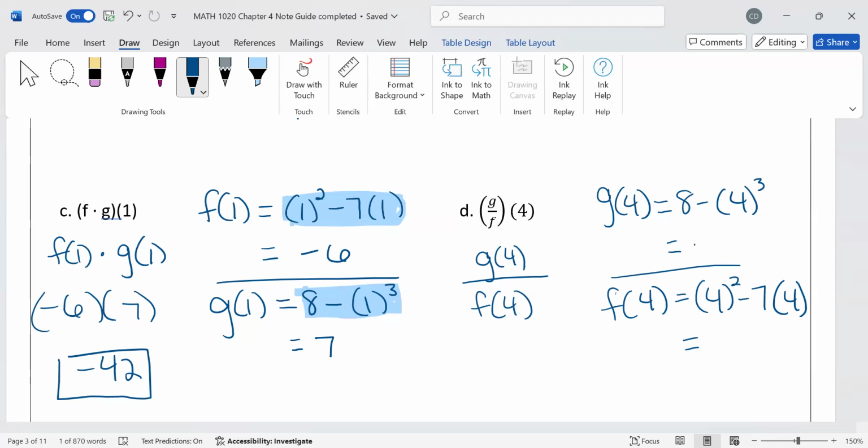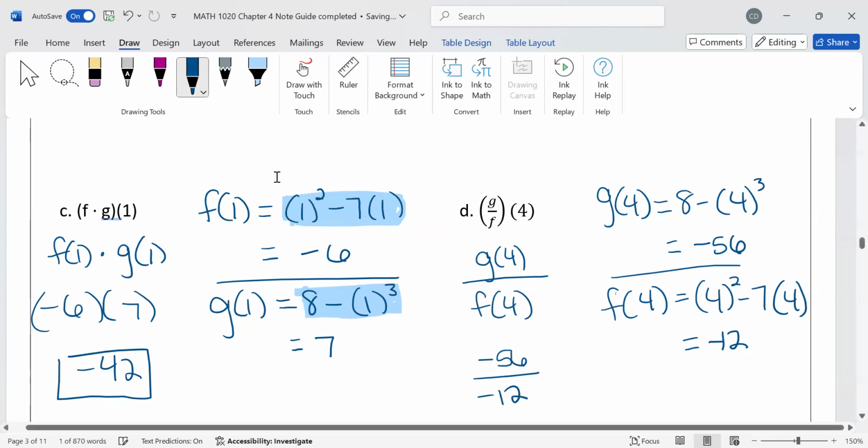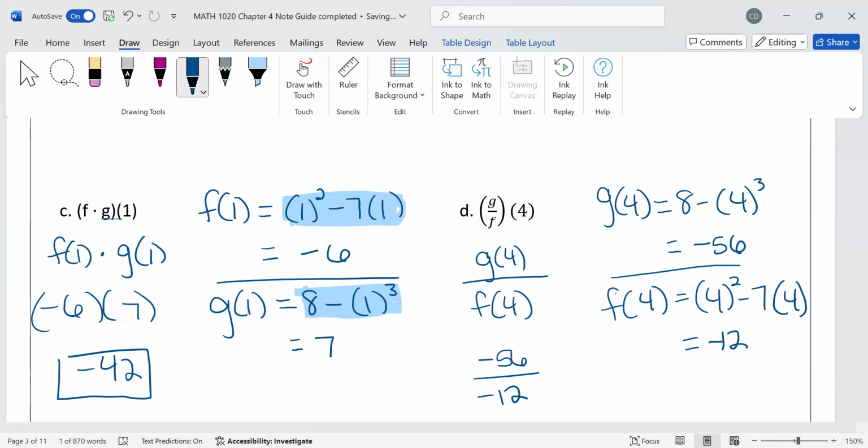So one is negative 56. This one, negative 12. All right, so g of 4, which is negative 56, over f of 4, which is negative 12. Negative 56 over negative 12.